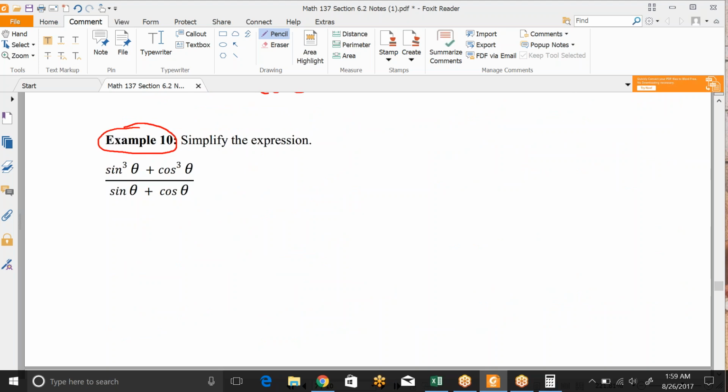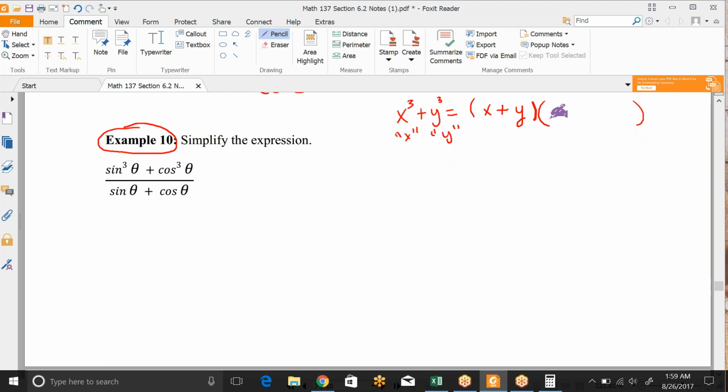Okay, for example 10, this one's a little trickier because it requires you to remember how to factor something that has perfect cubes. And I'm going to show you with x and y because that's always easier than sine and cosine. So remember, if you have two perfect cubes with a plus sign in between them, you write the cube root of each one, which would be x and y, with the same sign, and a binomial. Then you have a trinomial where you take the roots, which were x and y, and you pair them in different ways.